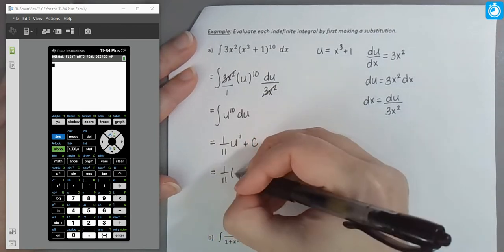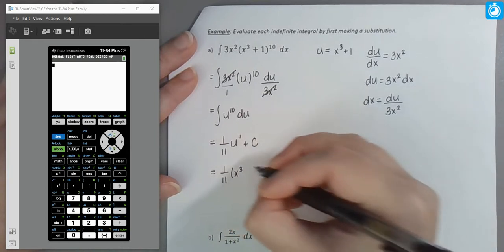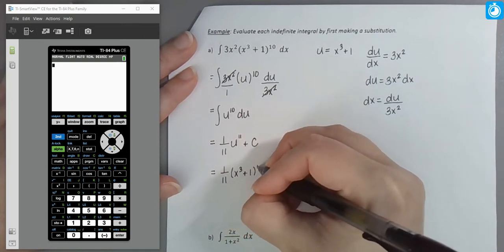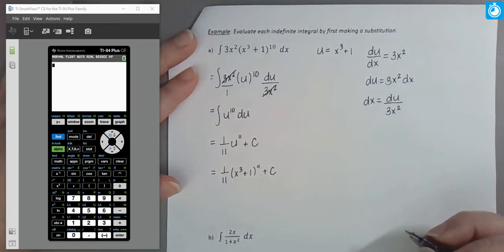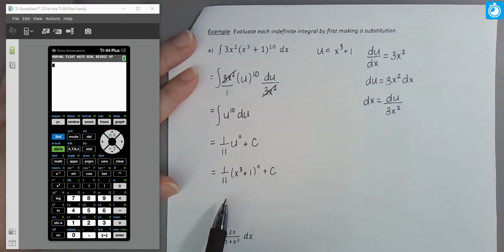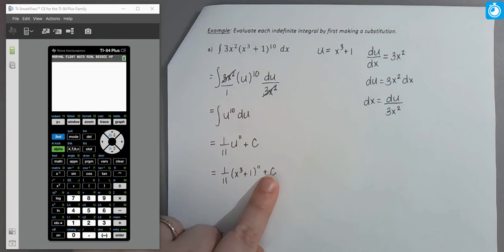So in place of u, we're going to resubstitute our inner function, x cubed plus 1, and we have our antiderivative. So our final answer, 1 over 11 times x cubed plus 1 to the 11th power plus c.